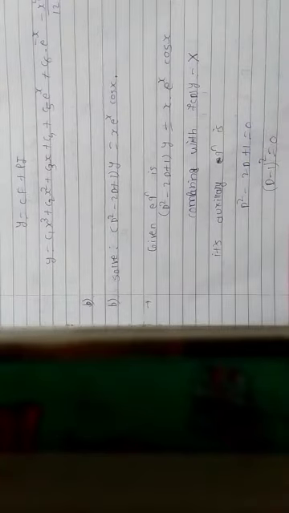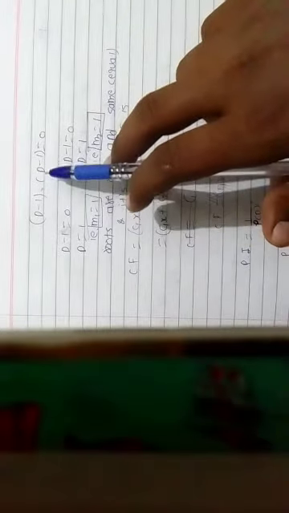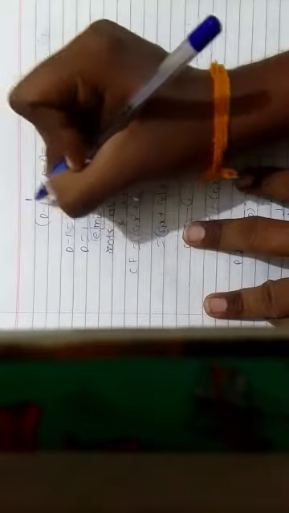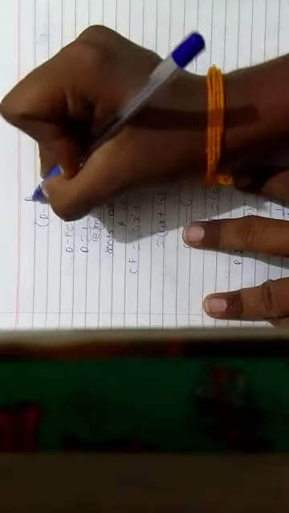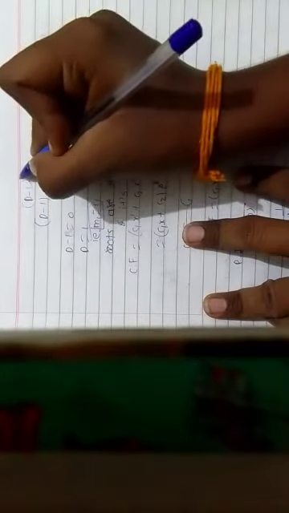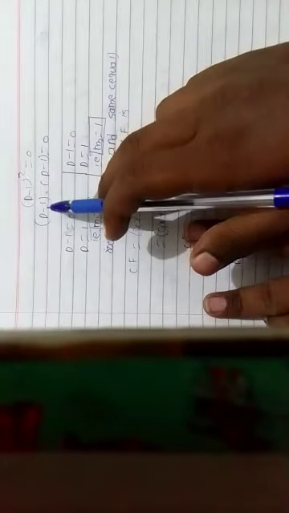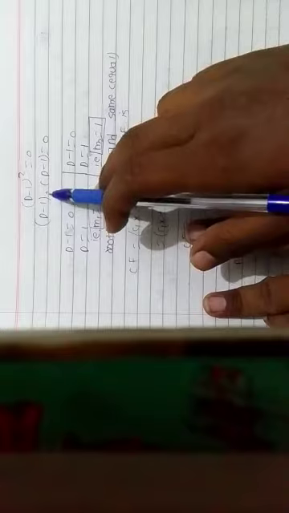D minus 1 whole square can be written as this, D minus 1 into D minus 1 is equal to 0.